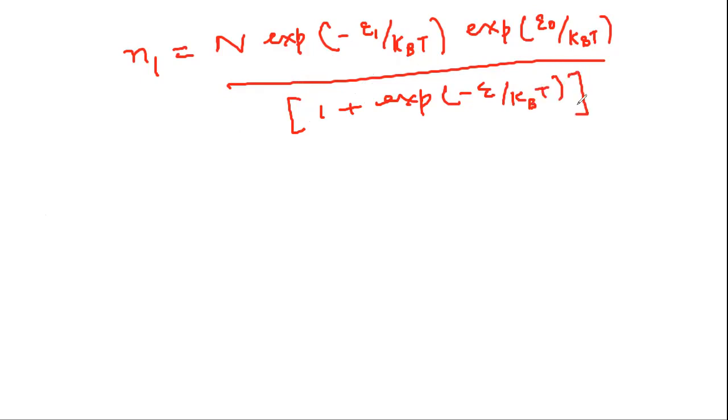This is my next step: N exponential of minus epsilon 1 by kT times exponential of epsilon naught by kT divided by 1 plus exponential of minus epsilon by kT.